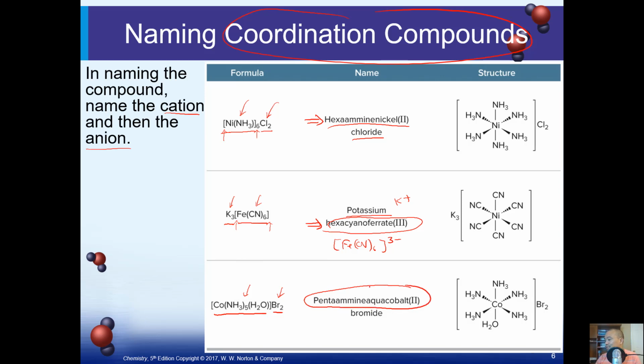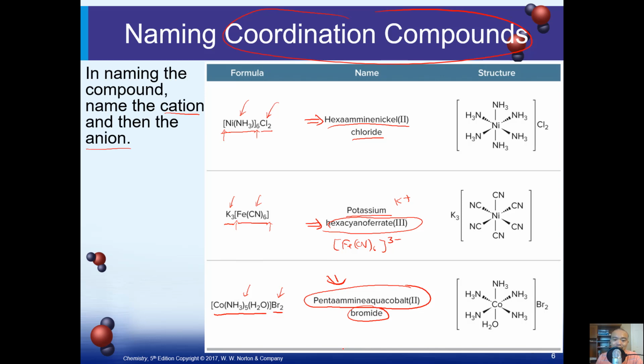So this is complex ion. Counter ion is called a bromide. We never say dibromide because it's what we have already learned. So never use di-tri for the ions themselves. But in the complex ion, we do need to use them to indicate how many ligands we have.